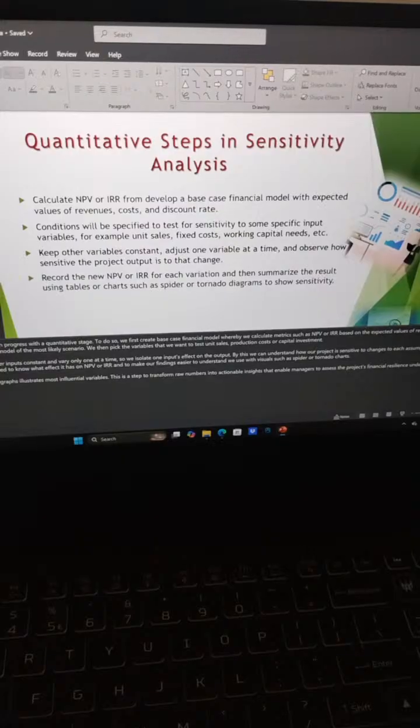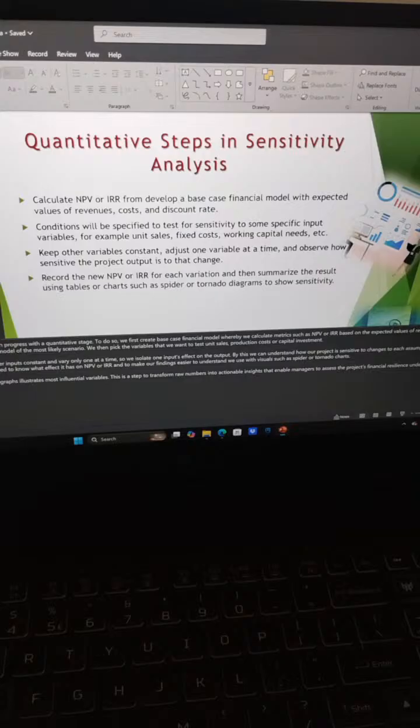Quantitative steps in sensitivity analysis. Also calculate the NPV or IRR. Develop a base case financial model with expected values of revenue, cost, and discount rate. These conditions will be specified to test for sensitivity to some specific input variables, fixed costs, or working capital needs.